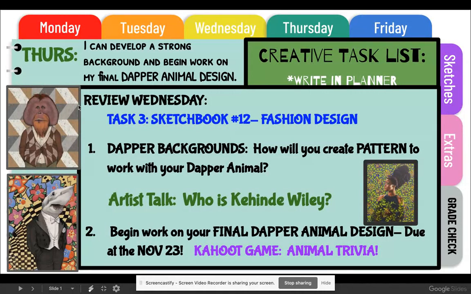Notice here with this, I don't want to call it a monkey because it's not a monkey, but this gorilla-type animal, baboon maybe. Notice how the background really stands out and kind of mimics his sweater a little bit, and it is just a very simple pattern. Now this one right here is a little bit crazier.